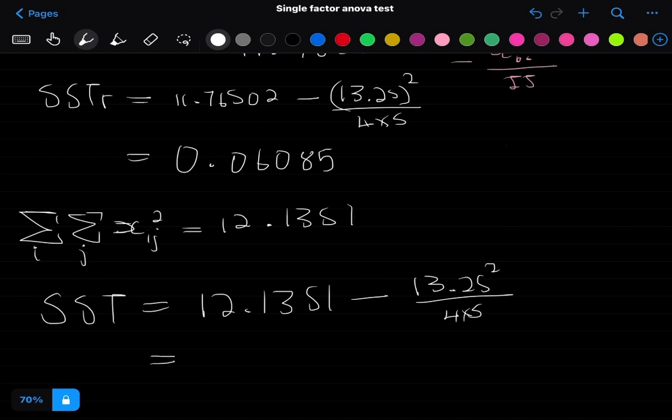And this will be, sorry, I made a mistake here. It was 3, sorry. 3, even here is 3.